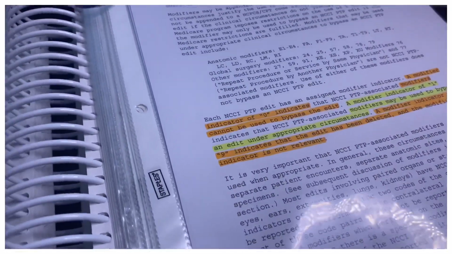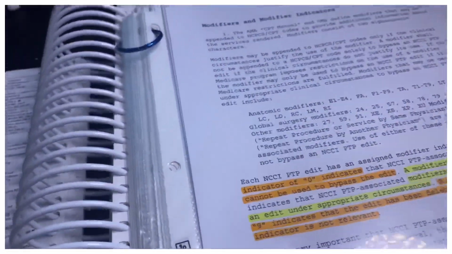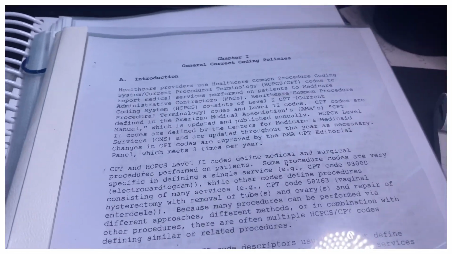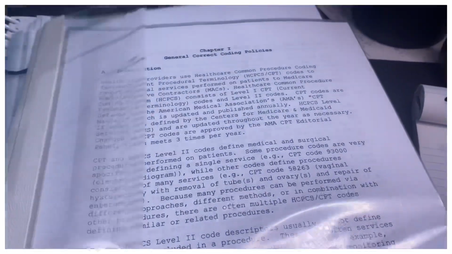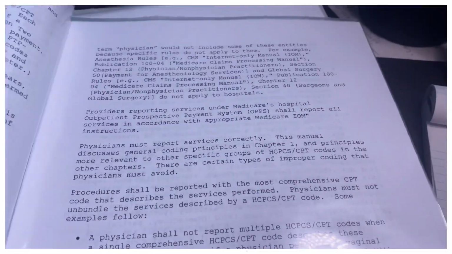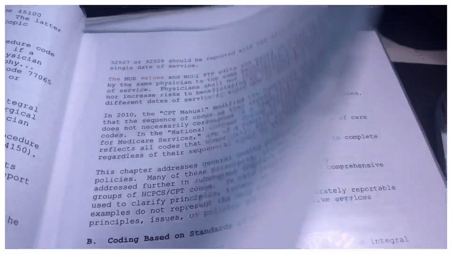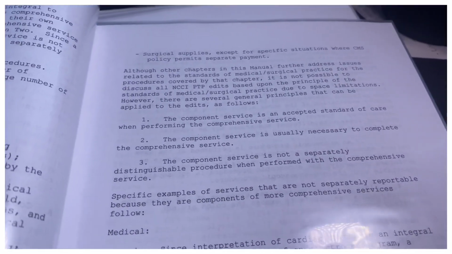But the next manual that I wanted to show you guys, this one is for chapter 1. Why is it blurry? Okay, there we go. And I think in here I have global surgical package information. So I'll have chapter 1 in the description box as well.